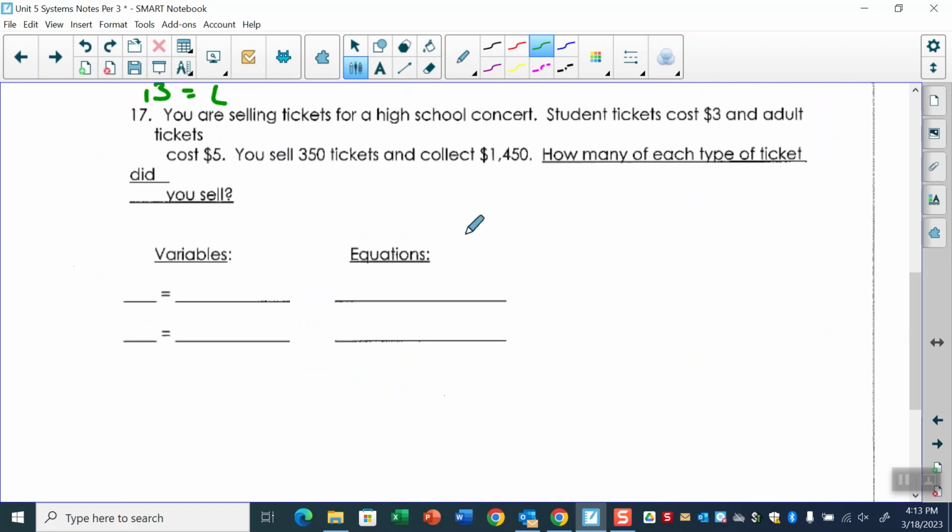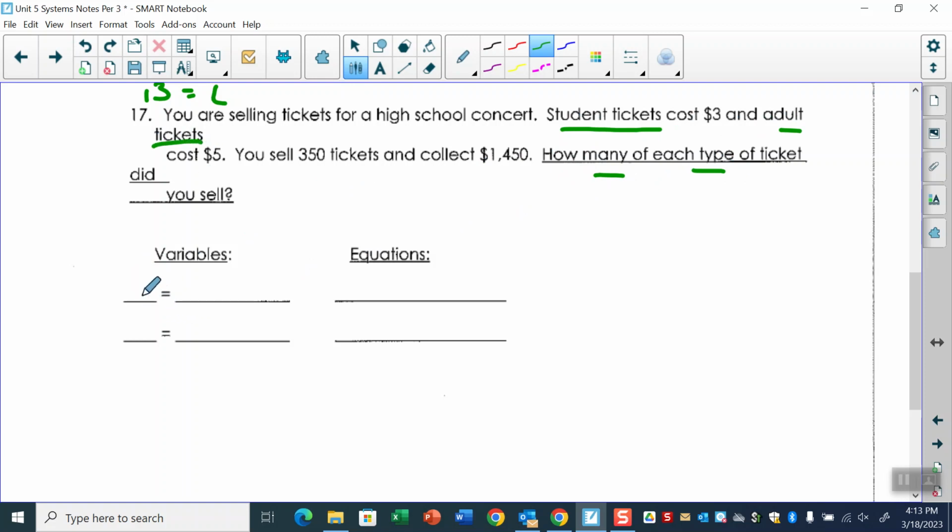This one was part of the test, so hopefully we can all do this. We practiced it a lot. It says how many are each type of ticket. So that's your variables, right? You've got student tickets and adult tickets.